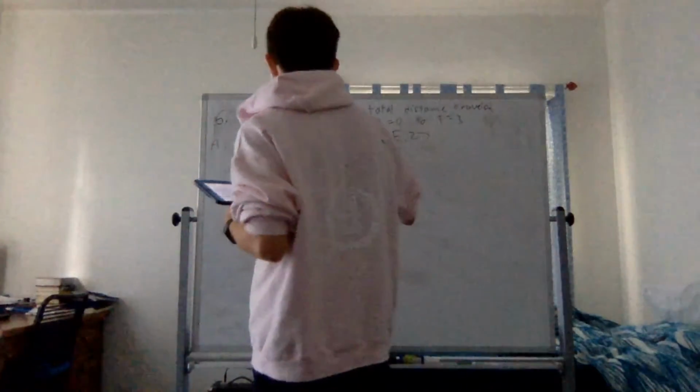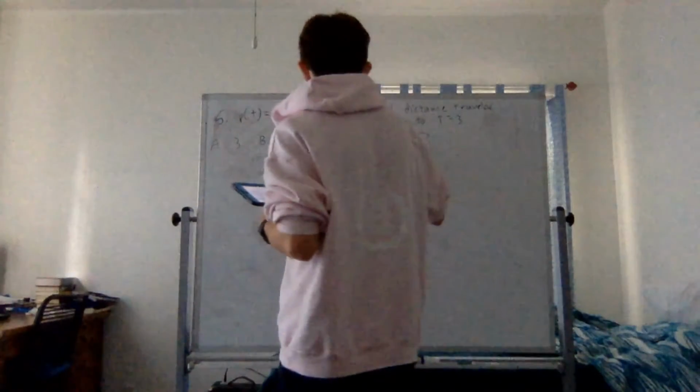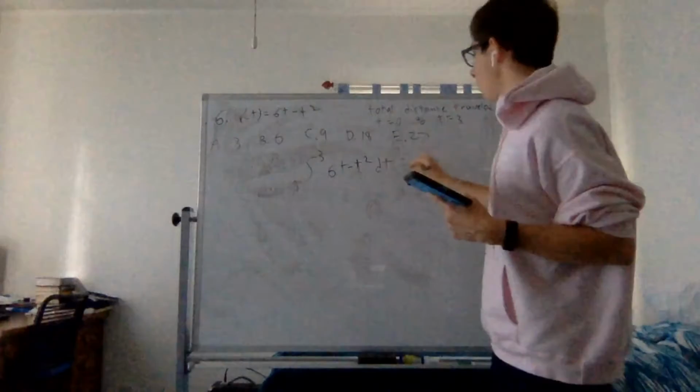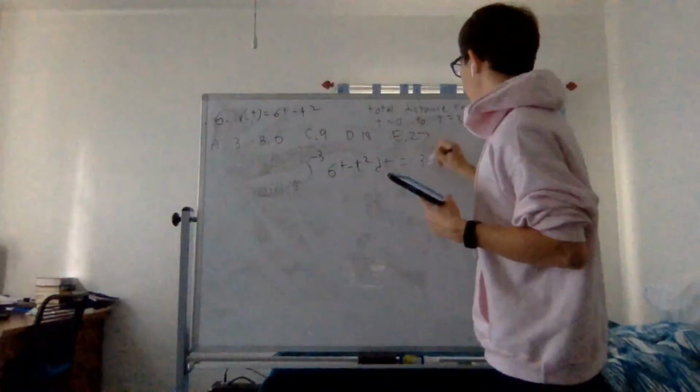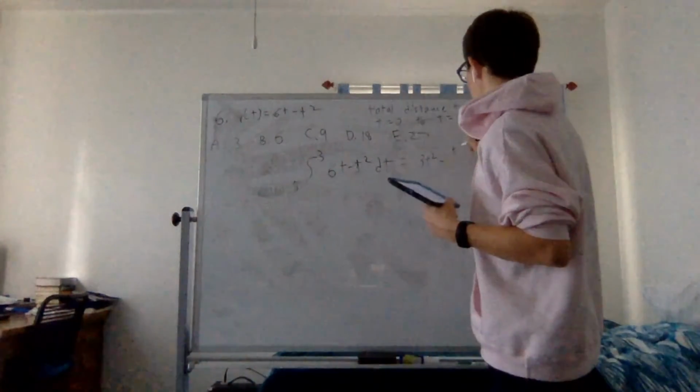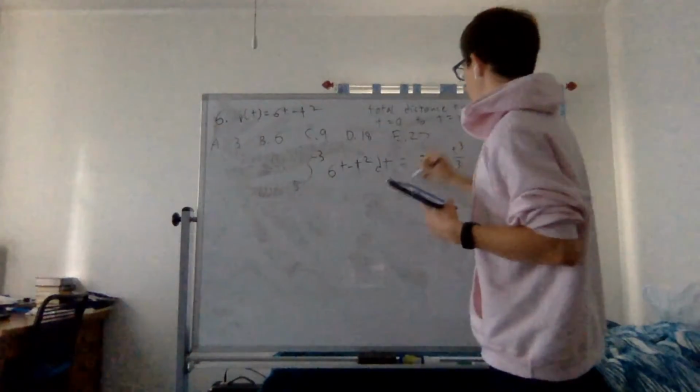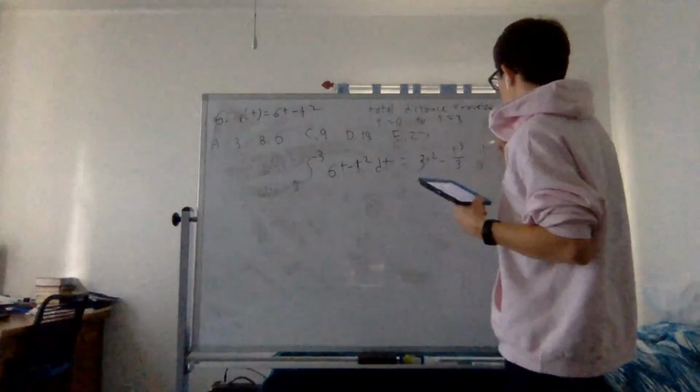So for this one, we want to just take the integral from 0 to 3 of 6t minus t squared dt, right? The antiderivative is 3t squared minus t cubed over 3, from 0 to 3. Now we plug in t equals 3 and t equals 0.